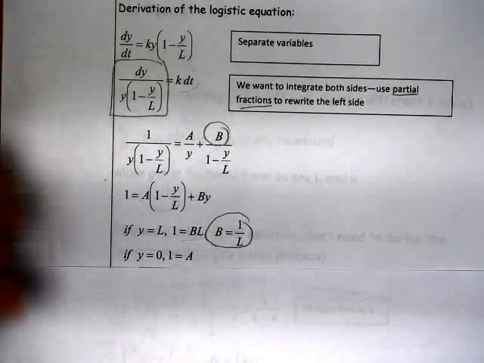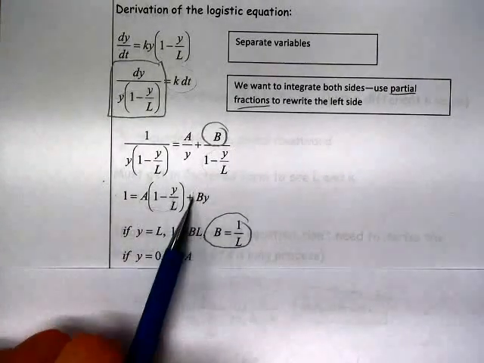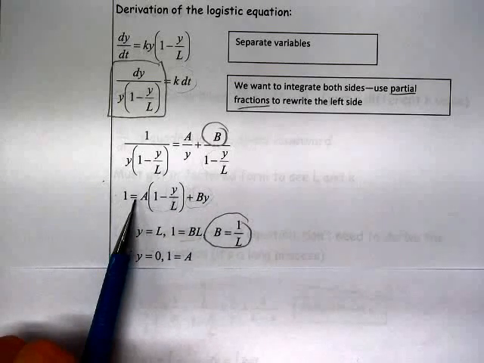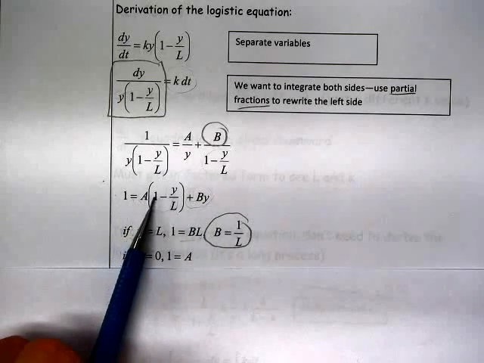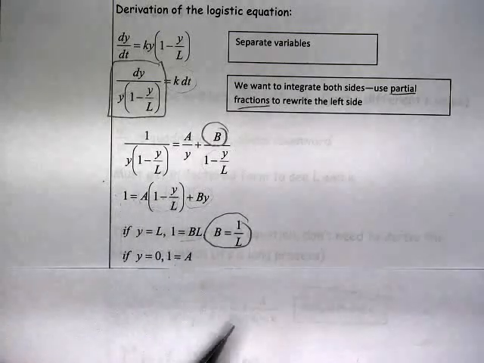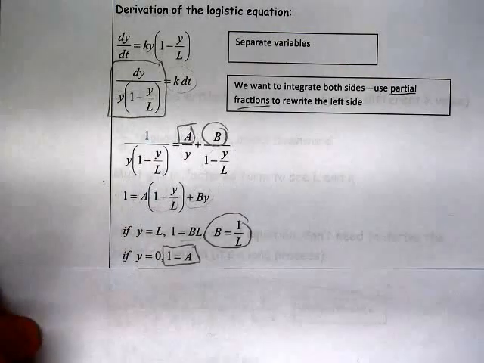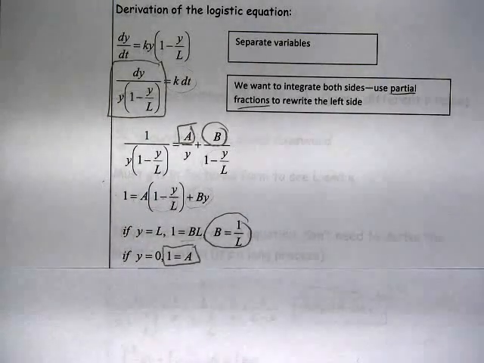If I let y equal 0, I can clearly see that this whole term is going to turn into 0, so I get 1 equals A times 1 minus 0, so A is 1. So that gives me that numerator.